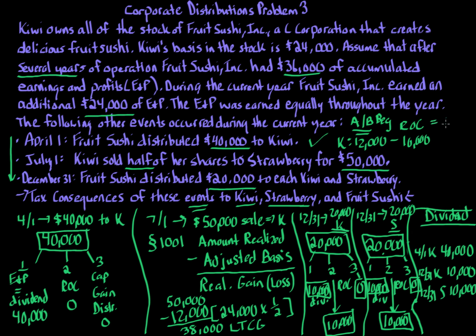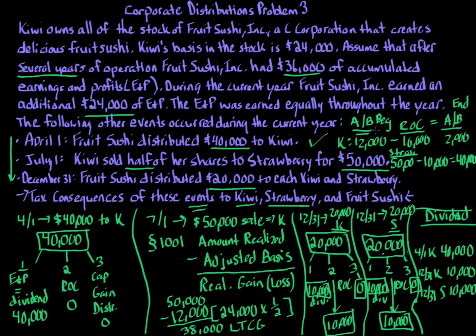So the ending adjusted basis to Kiwi is $2,000. So that's what Kiwi ends with at the end of all these transactions, 2,000. Now Strawberry started with 50,000 minus 10,000 return of capital equals 40,000. 40,000 basis. That's for Strawberry. Sorry about that.